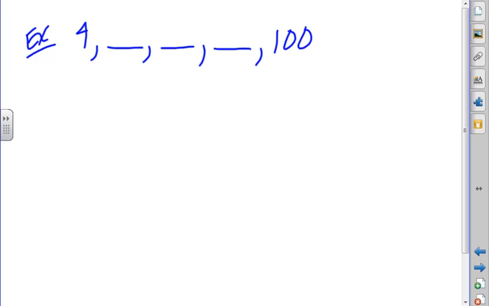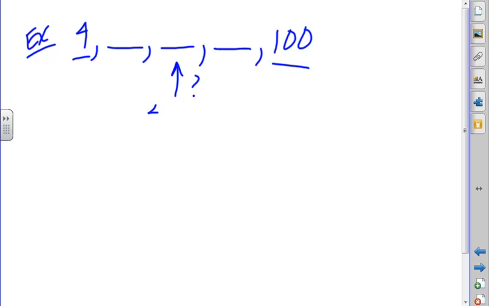Say instead of that nice 4, 20, 100, we had a 4, then 3 spaces, and then a 100. As long as the geometric mean is right in the middle of two other terms, we can use the method that I just showed you to figure it out. We know hopefully that this is going to be a 20, but pretend that we didn't.